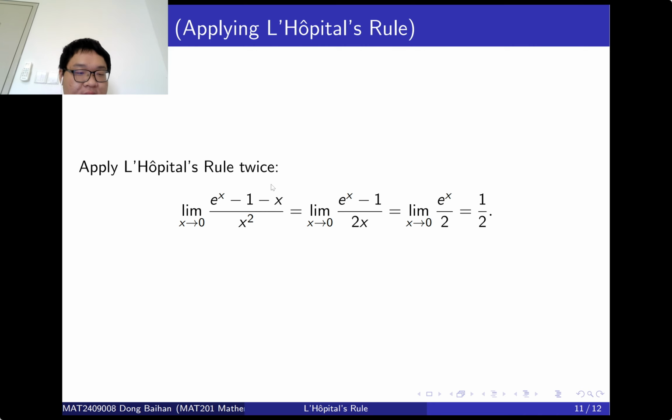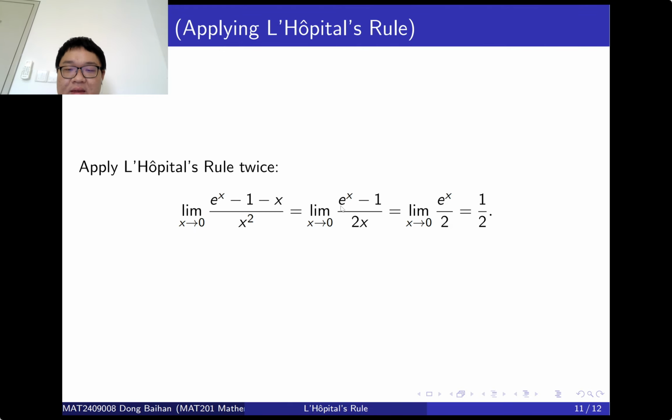So we first differentiate the numerator. The derivative of e to the x minus 1 minus x becomes e to the x minus 1, and the denominator x squared becomes 2x.